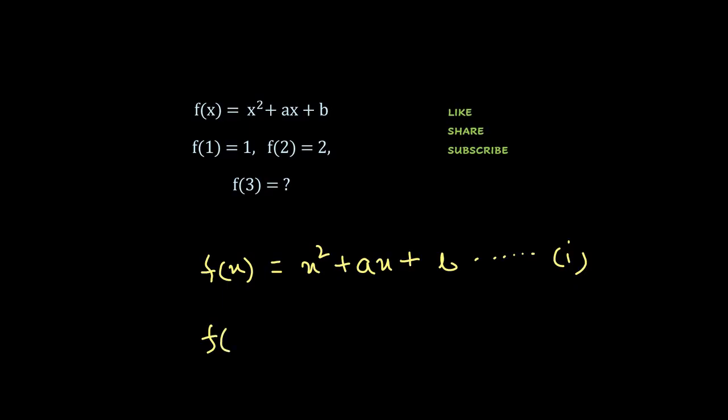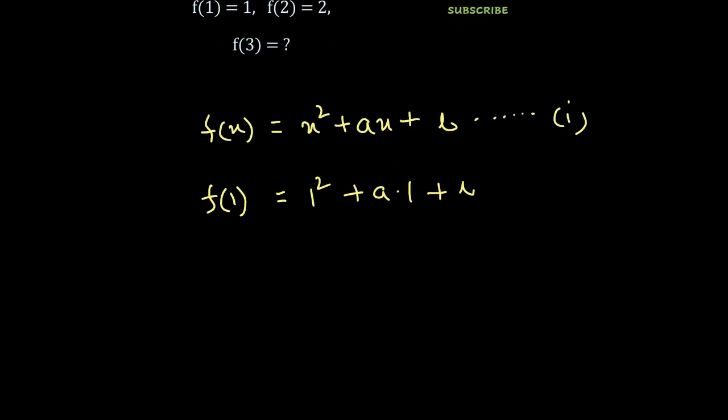So for f(1), we need to put 1 in place of x, which gives 1 squared plus a times 1 plus b, which gives us 1 plus a plus b. But we know the value of f(1) is 1, so we can write 1 plus a plus b equals 1.